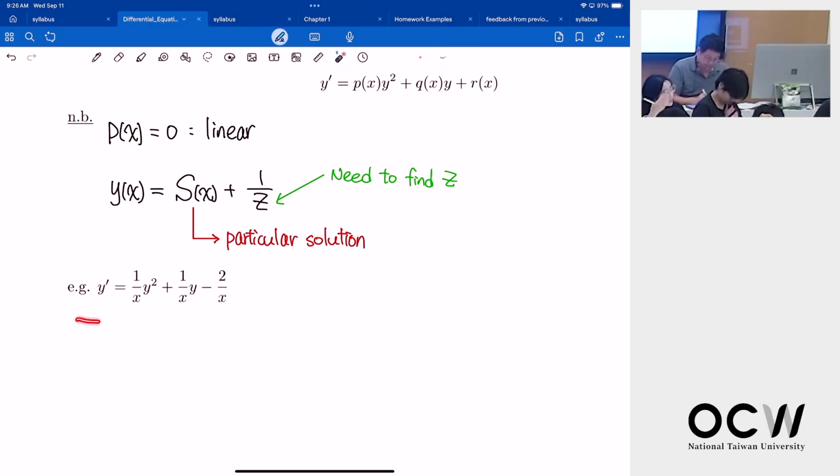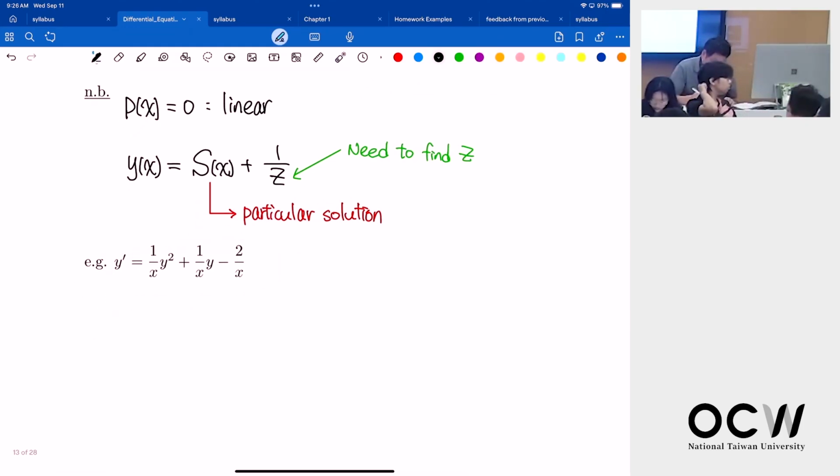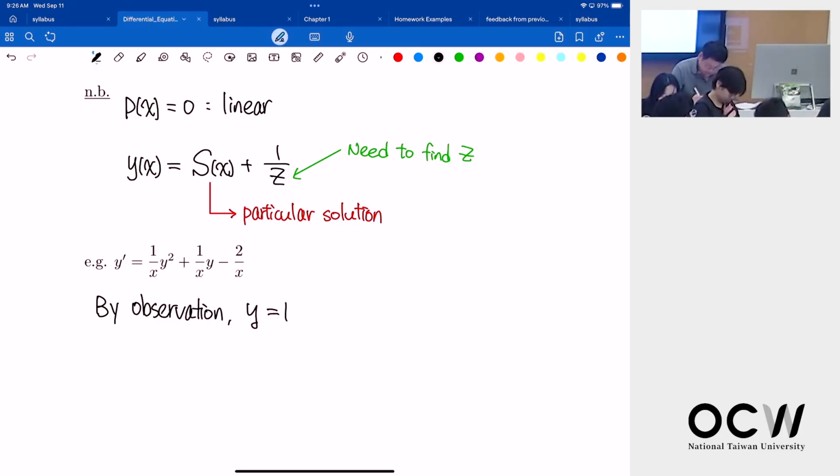For this problem, by observation, we can see that y equals 1 is a solution.